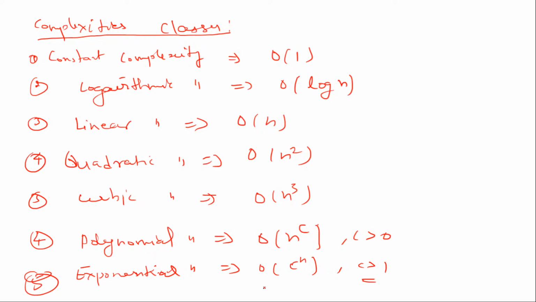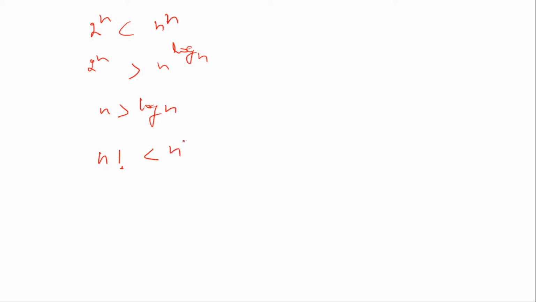C is a constant. Now we can see next is 2 to the power n less than n to the power n, 2 to the power n greater than n raised to the power log n, n always greater than log n, or n factorial, 2 raised to the power n less than 3 raised to the power n.